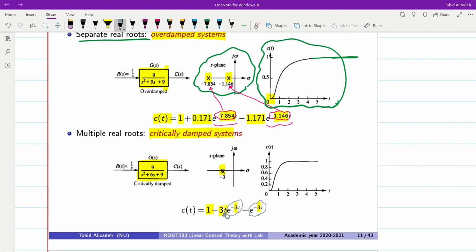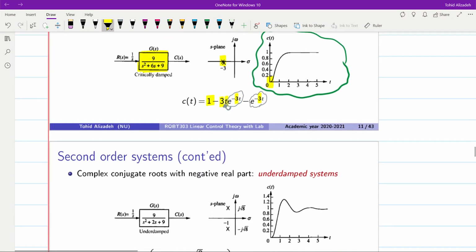In terms of the shape, it is still similar to what we had for the first order systems, but a bit different at the same time. The main difference is here, where we have 0 as the value for the derivative of the response at the time equal to 0 plus.